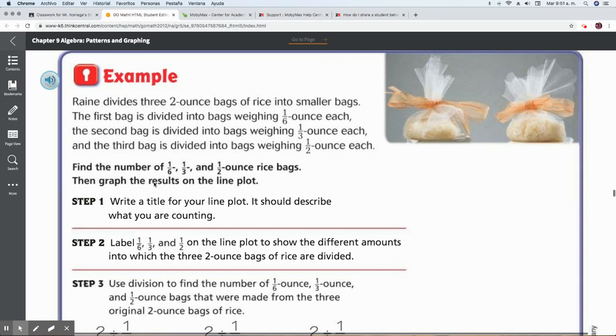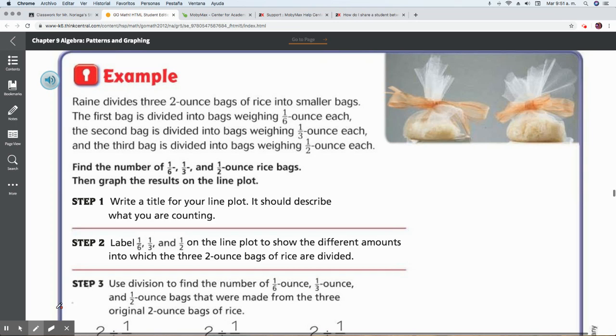Write a title for your line plot. Step number 1. It should describe what you are counting. So we're going to write the title for our line plot. What are we going to find here? Find the number of 1/6, 1/3, and 1/2 ounce rice bags.